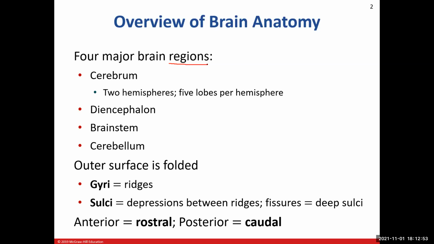Then you'll notice in between these folds and ridges are these depressions. Some are relatively shallow and some are deep. A depression in between some of the gyri, we call a sulcus, or sulci if it's plural. And if it's really deep, we call that a fissure.